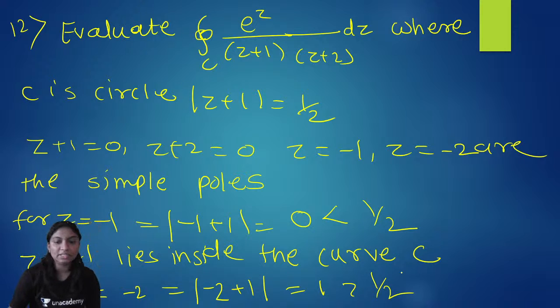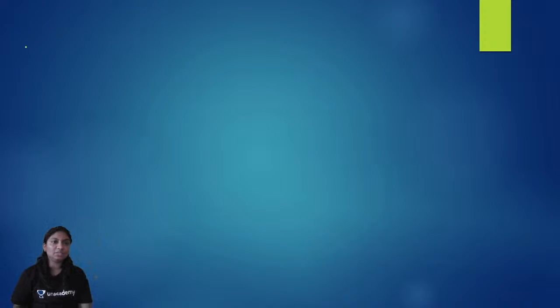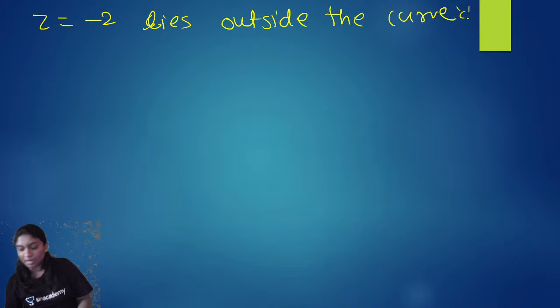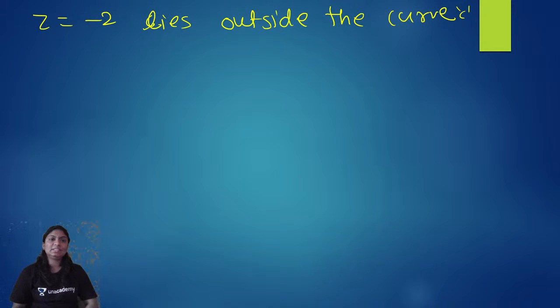Right? So z equal to minus 2 lies outside the curve C.